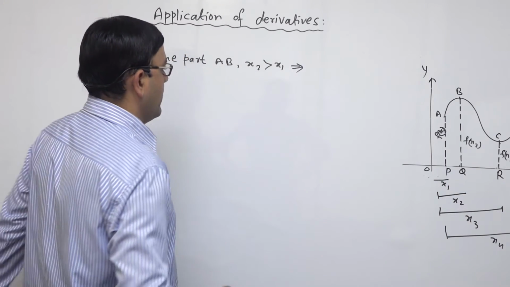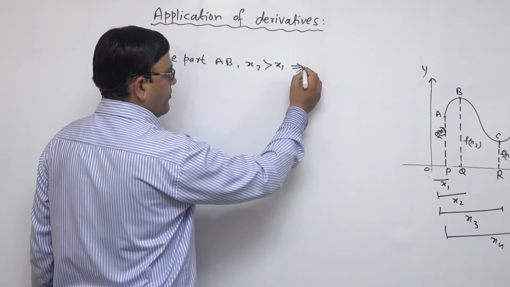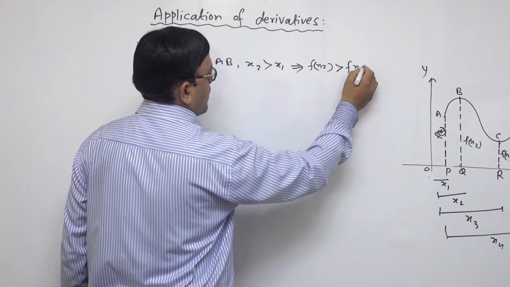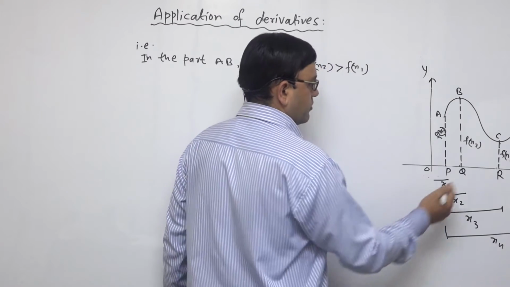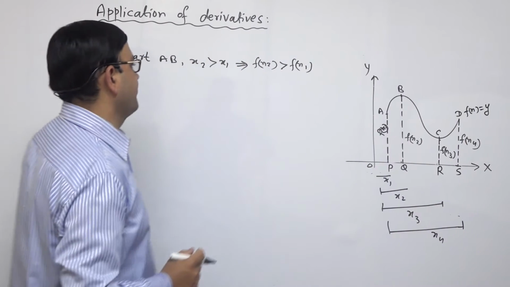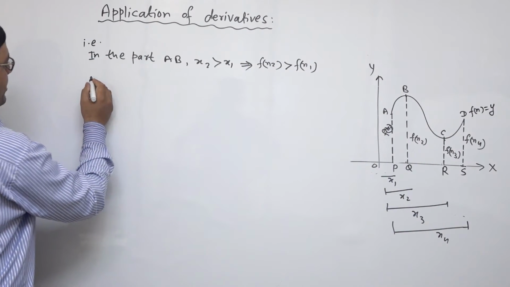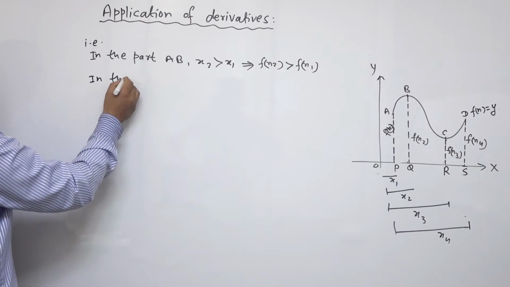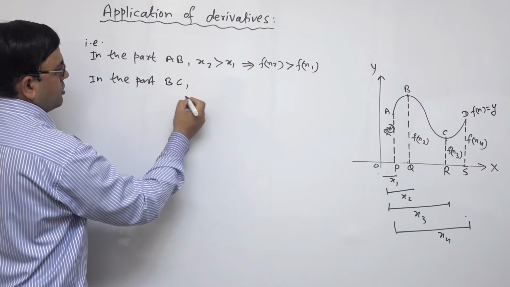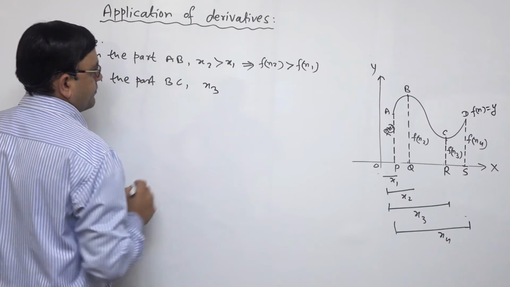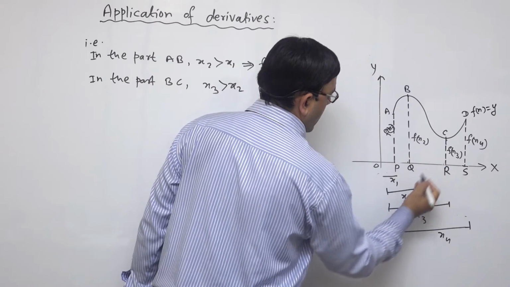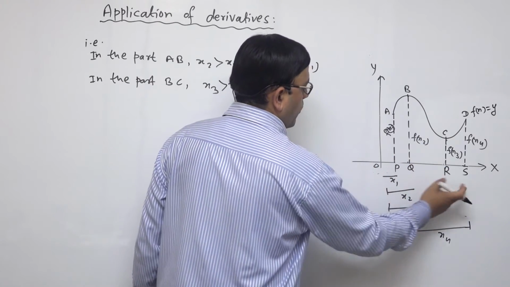So x2 is greater than x1, which gives f(x2) is also greater than f(x1). f(x2), the line QB, is greater than PA. Now let us see in the part BC, x3 is greater than x2. x3 is from here to here, OR, and OR is greater than OQ, which is x2.